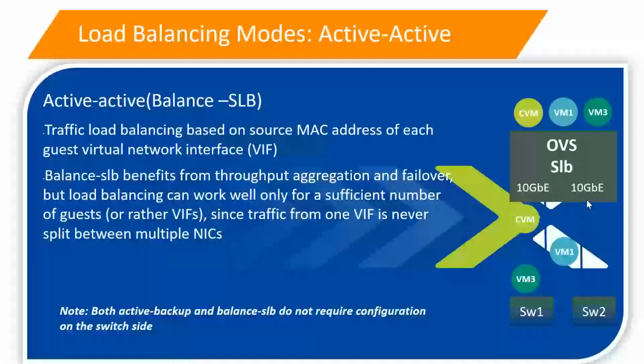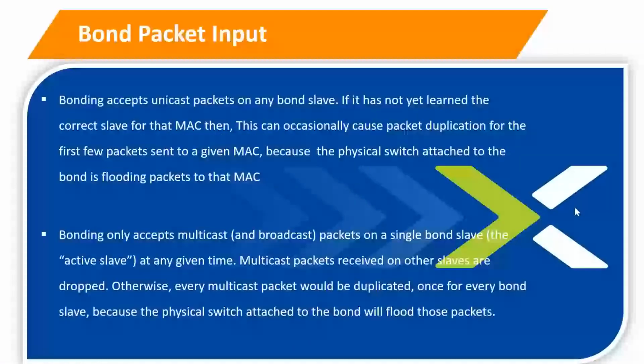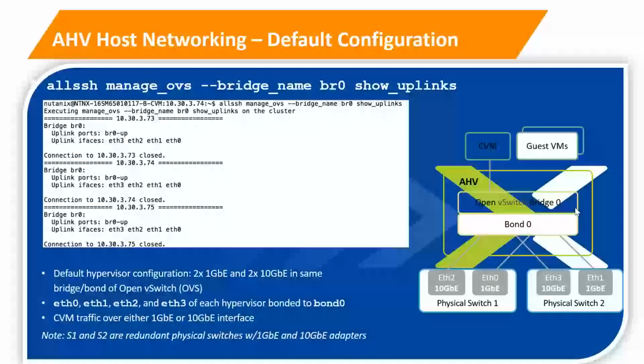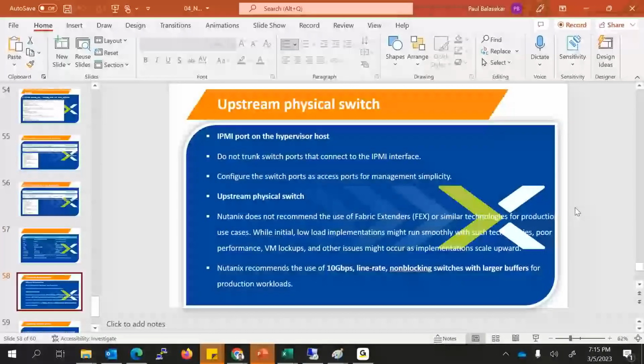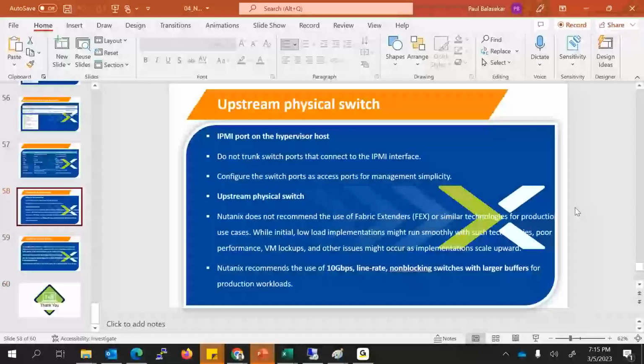Then load balancing with balance-slb: both interfaces are active, but if VM1 uses this connection, then VM3 uses the other connection. A VM can only use one connection here; we cannot use both interfaces at once. If you go to balance-tcp, then it can use both interfaces.